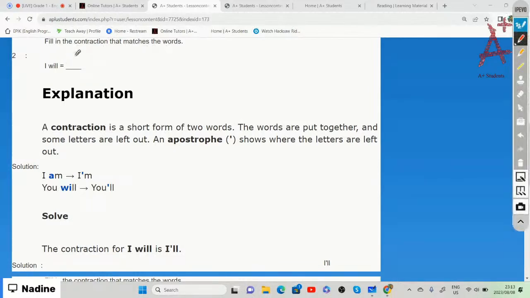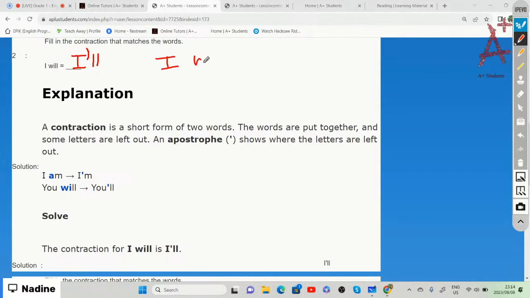We put our apostrophe because the letters that are missing are the W and the I. So the W and the I are left out, so it is I'll. Instead of saying I will, we can just say I'll, right?